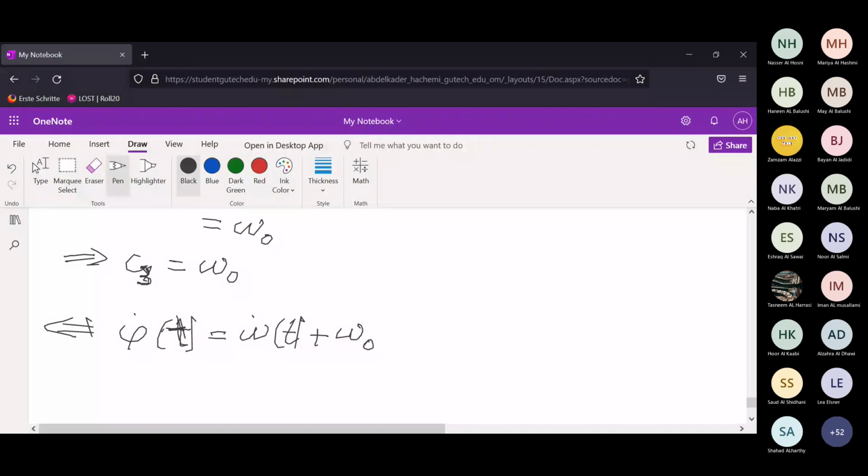Then in this case, we get here for time 2 seconds, phi dot at time t equal to 2 seconds.